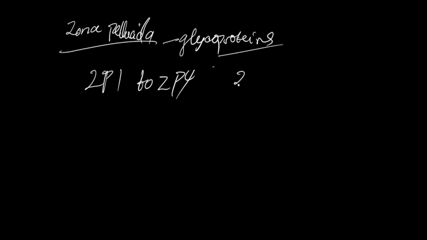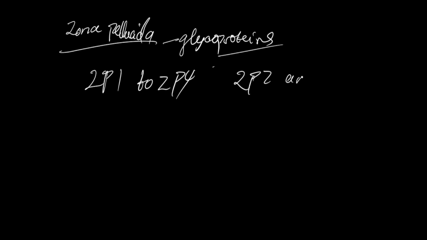Now, after passing through the corona radiata, we have the zona pellucida. The zona pellucida is a glycoprotein layer. In other words, it has long polypeptide chains, and specifically the zona pellucida has 4 major types of glycoproteins. It has ZP1 to ZP4.